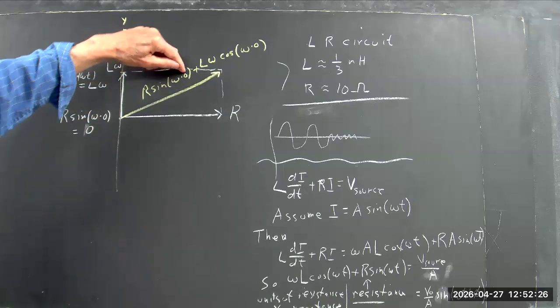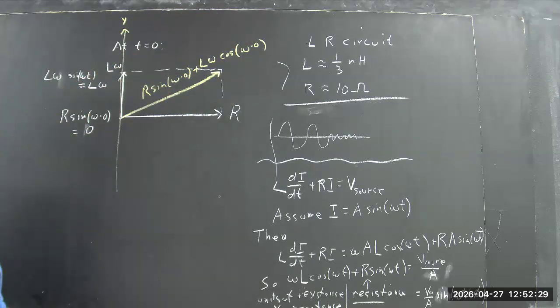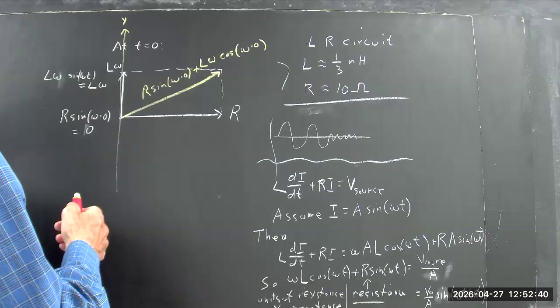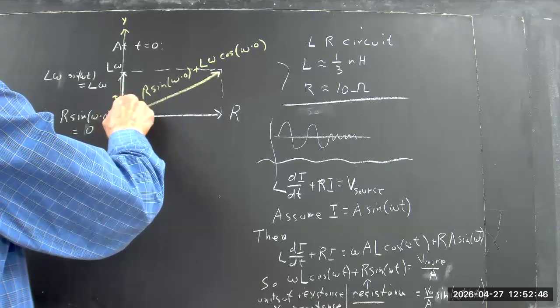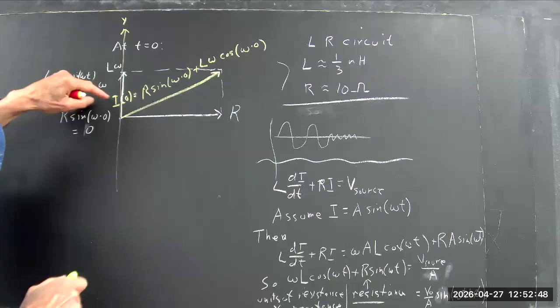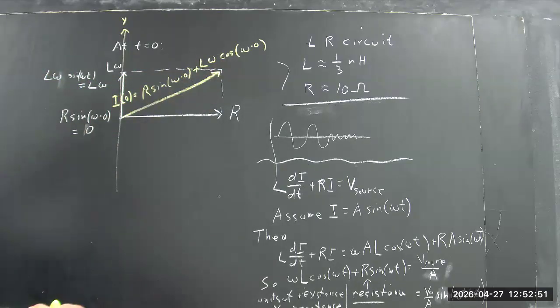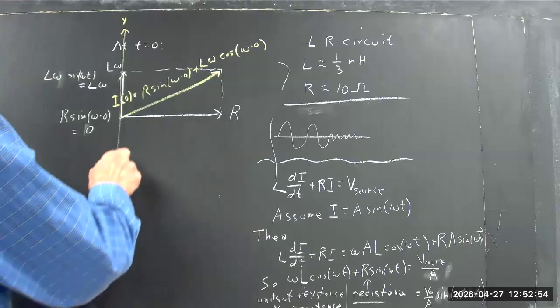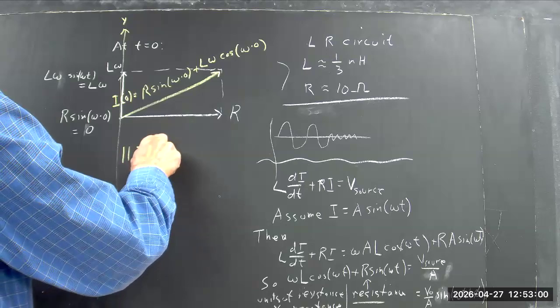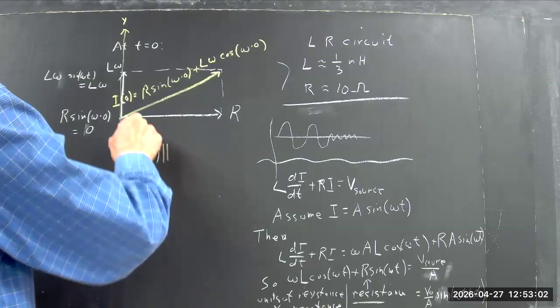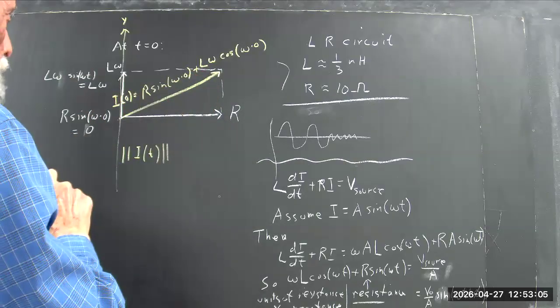But when t equals 0, we'll just put in 0 for t, and that matches this picture. This is going to be your net current. I'll call that I of 0 equals this, the magnitude of this I of t vector.